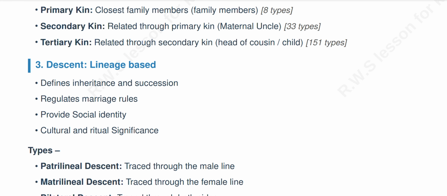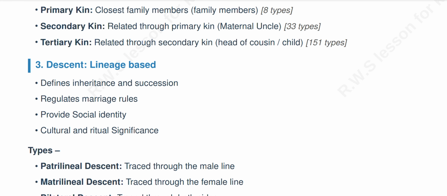For example, in a patriarchal society, your father's sister has a special right to name the child that is born.